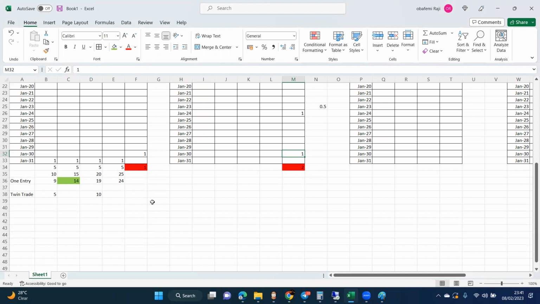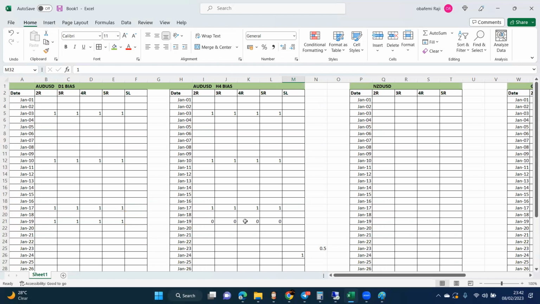So even though one entry seems to give better results, it might not be sustainable over a long time because you could have back-to-back losses. And if you're trading more than one pair, it could be dangerous. If you're trading just one pair, no problem. So basically, that's how you play with H1 and H4.